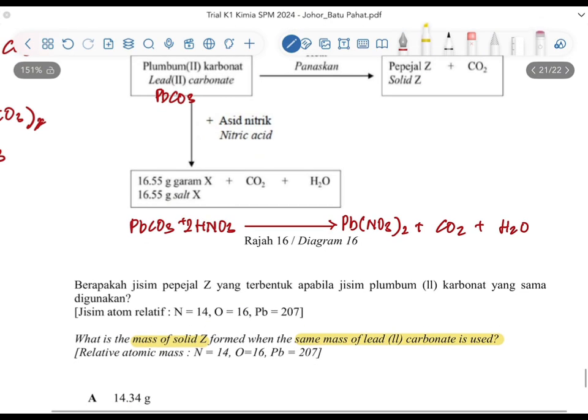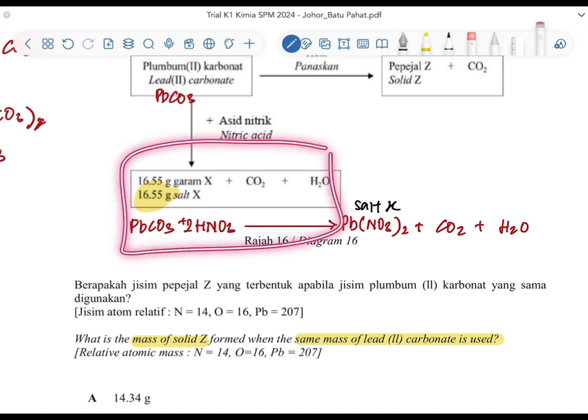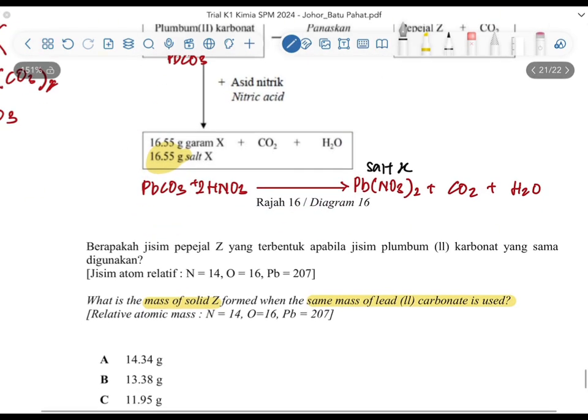Given this information, the salt X is referring to here. This is the salt X. So the reaction between lead-2 carbonate and nitric acid will produce a salt and release carbon dioxide and water, which matches the information provided in the question.